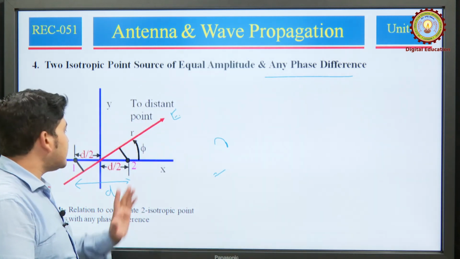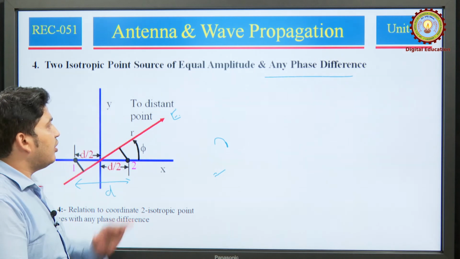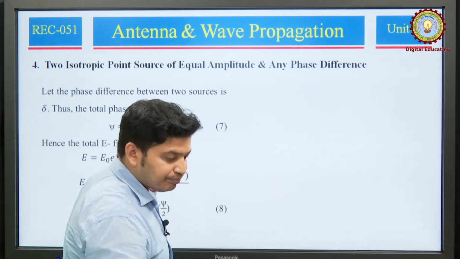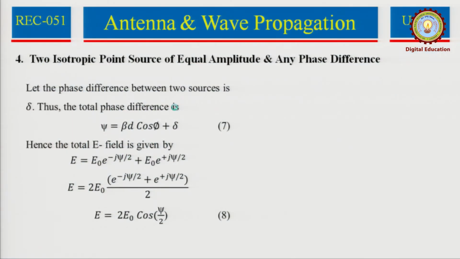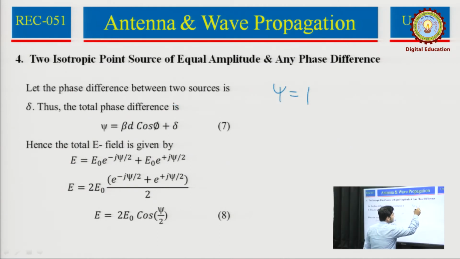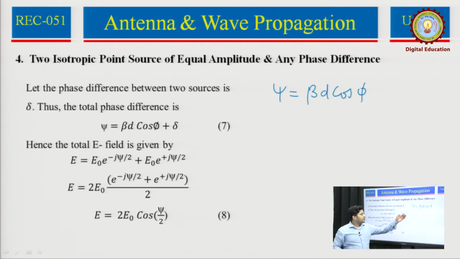So, again this is the simple relation, and you have to find out, earlier what did we have for the total phase difference? Beta d cos phi. Remember this? If you do not remember, just go back to the slide. Beta d cos phi, for both cases we have considered, but here in this scenario we have an additional arbitrary phase difference. So, what do we have to do?